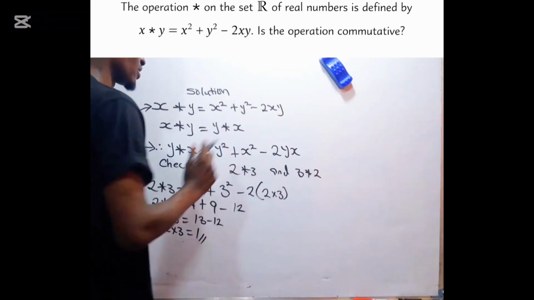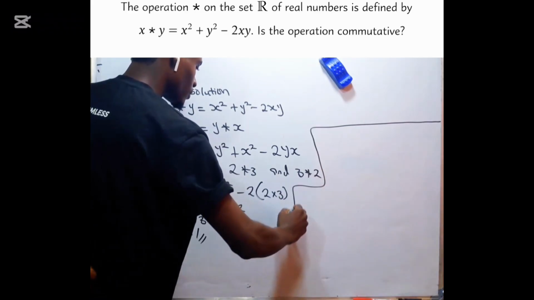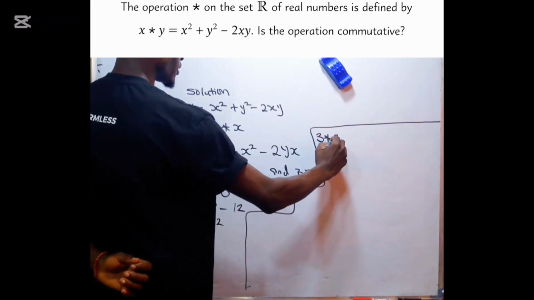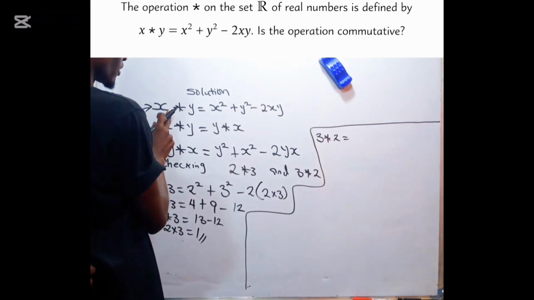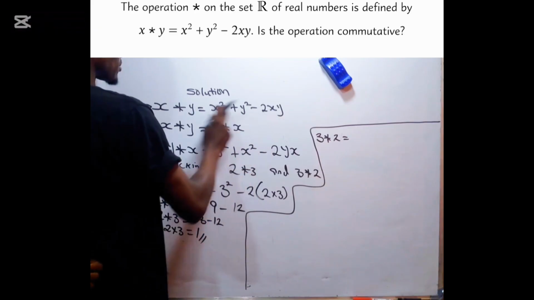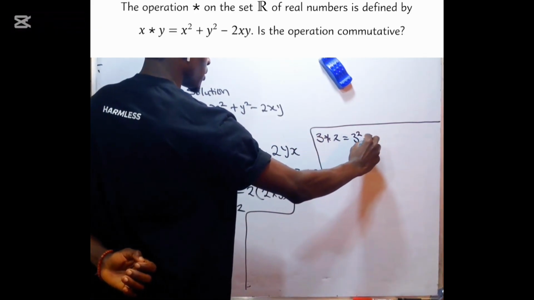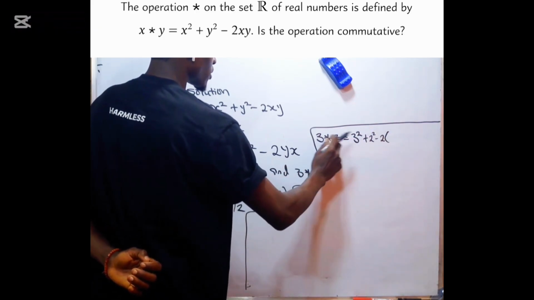Now let's check 3 asterisk 2. 3 asterisk 2 will give us the square of the first term plus the square of the second term minus 2 times the product of the first and second term.